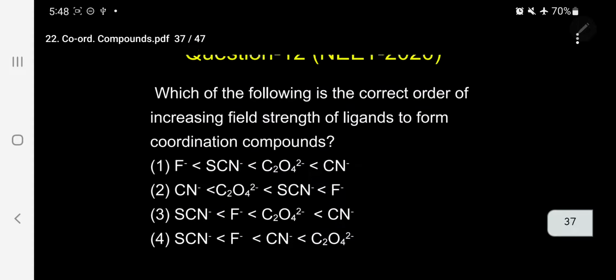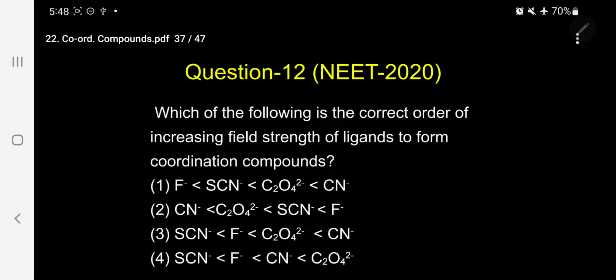Question number 12. This was asked in 2020. Which of the following is the correct order of increasing field strength of ligands to form a coordination compound? This is actually a memory based question, because it is already given based on the electrochemical series.